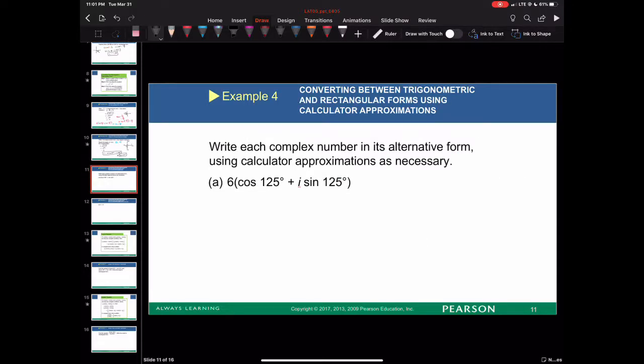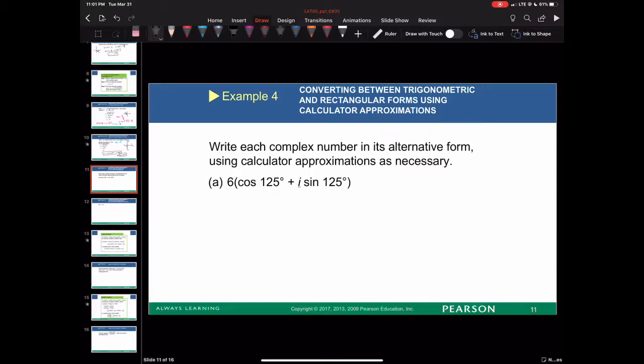All right. Now it says write each complex number in its alternate form using a calculator approximation. So if you use a calculator approximation, we're just doing cosine 125.